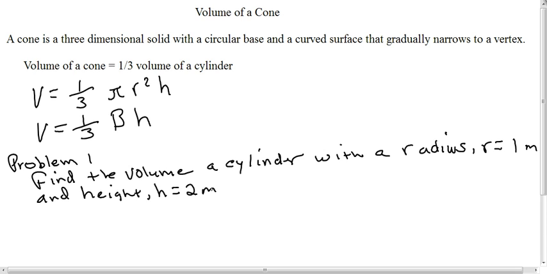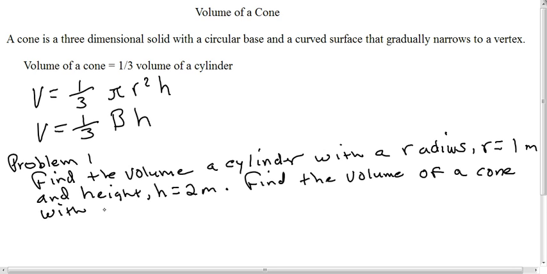And we also want to find the volume of a cone with a radius R is equal to 1 meter and height H also equal to 1 meter.